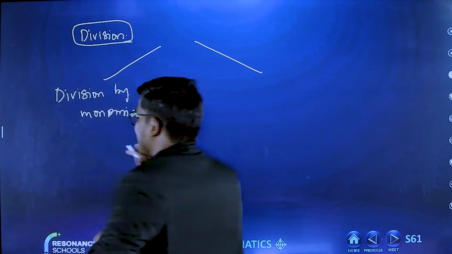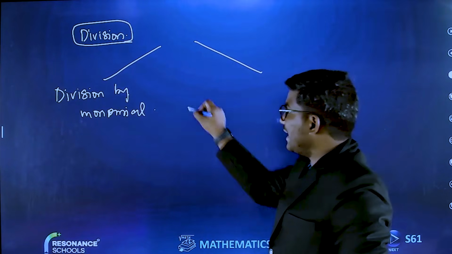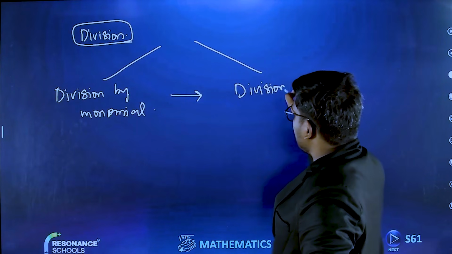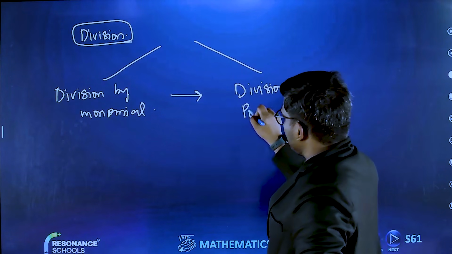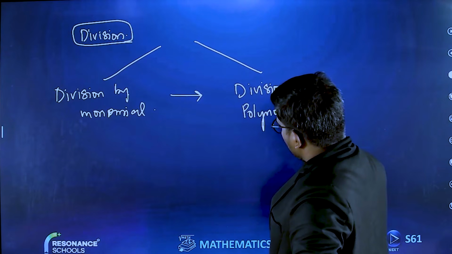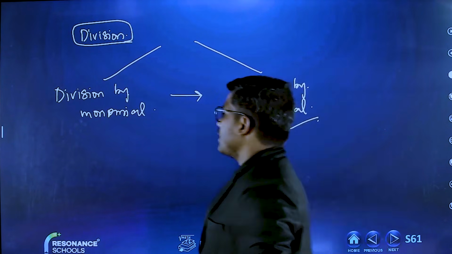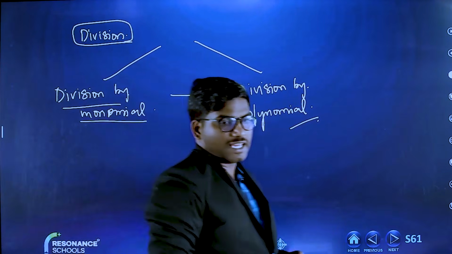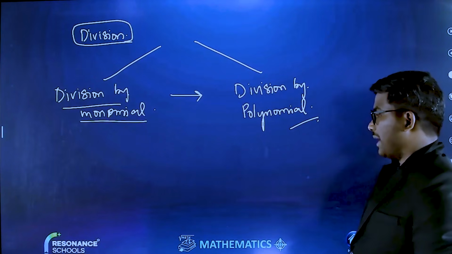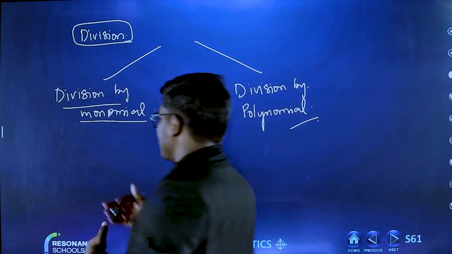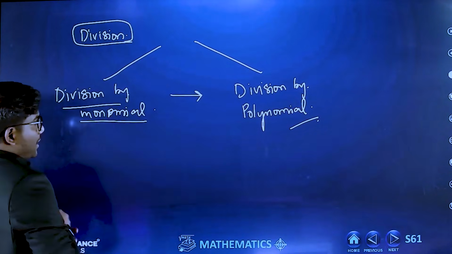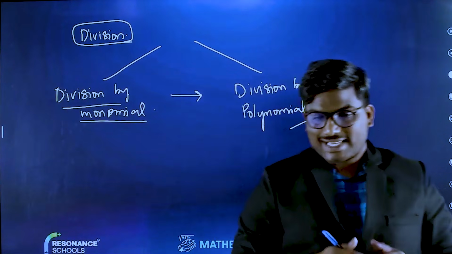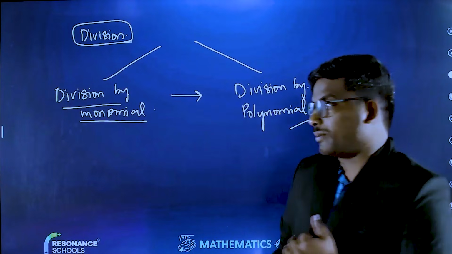If we have clarity in this part, only then we can understand division by a polynomial. Now, coming to division by monomial, we'll first brush up our knowledge of division of a monomial by a monomial.